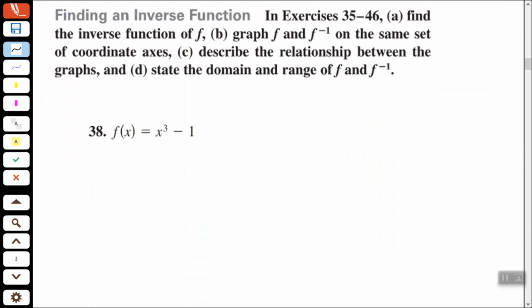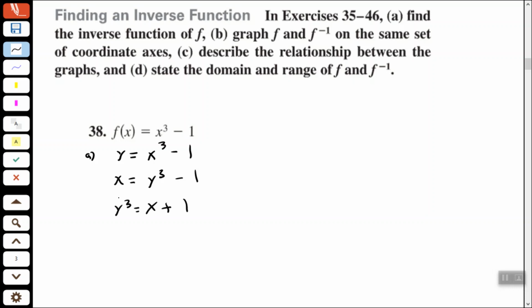Step A, find the inverse function. To find the inverse function, first of all, let's write this in terms of y and x. Now we want to interchange x and y, and then solve this equation for y. So I would add 1 to both sides. That tells me y to the third equals x plus 1.